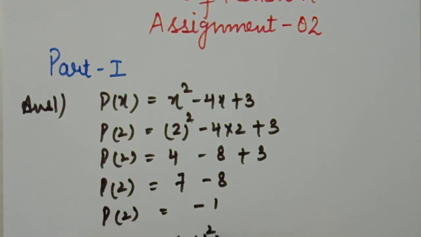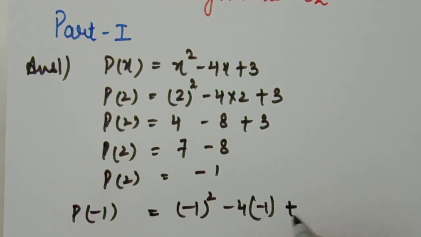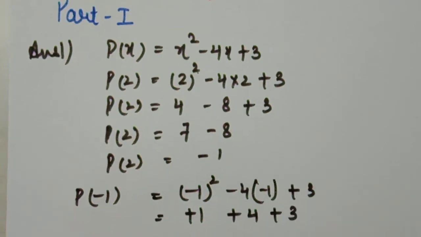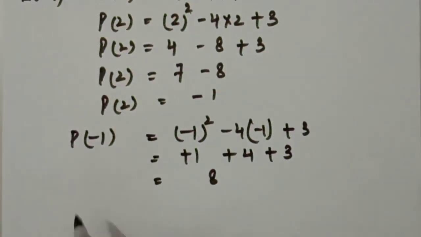Then it is (-1) square minus 4 times (-1) plus 3. Then we solve it. It is plus 1 plus 4 plus 3. So it is 8.